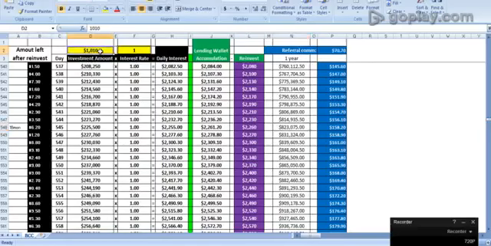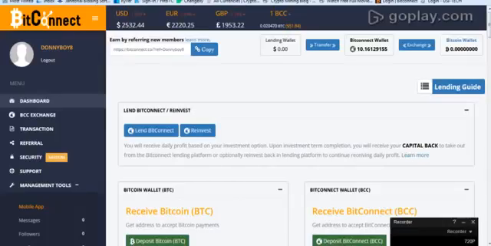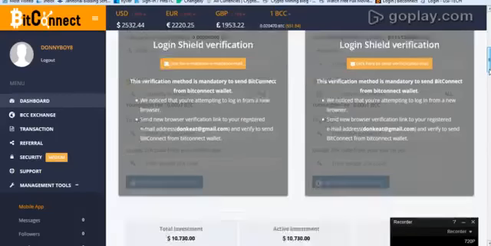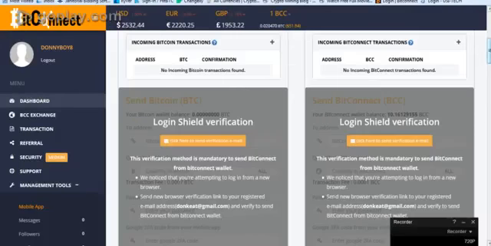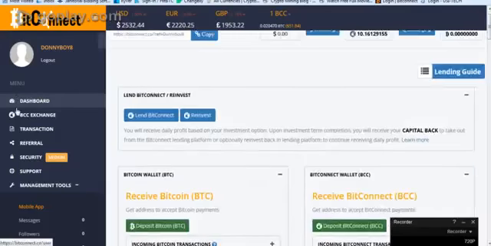Now, if you're like me, I started to mess around with this and saw how powerful it was, and you could see my loan amount, I'm up to $10,730. So I just want to show you what happens if you go all in with this.